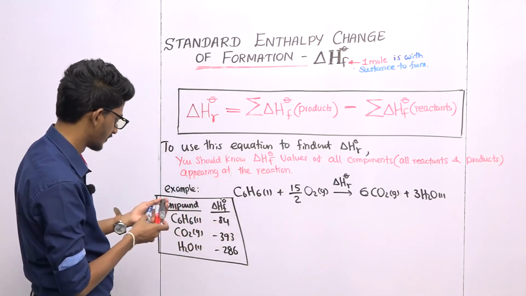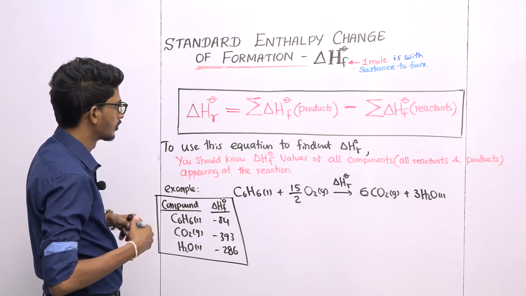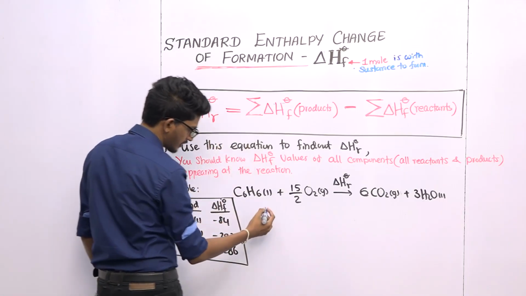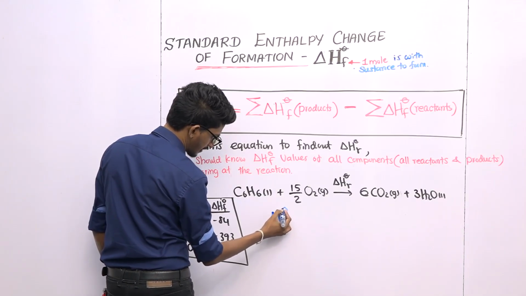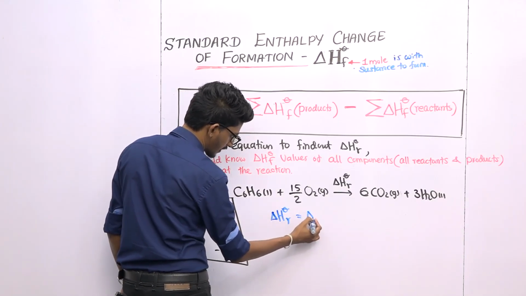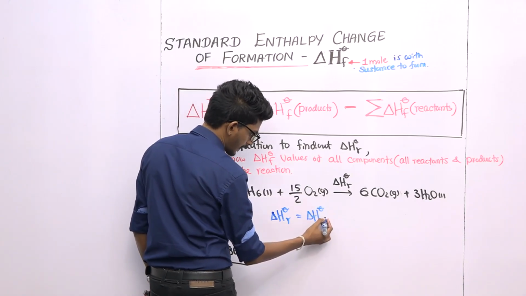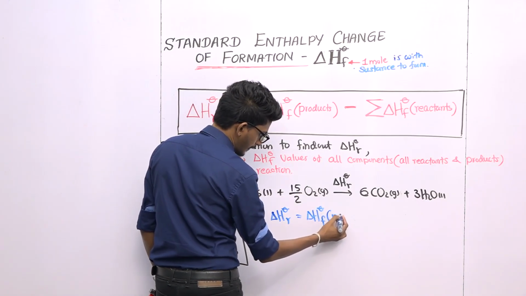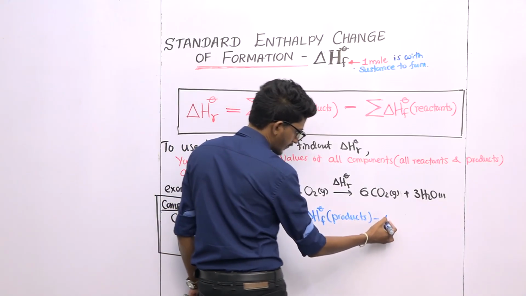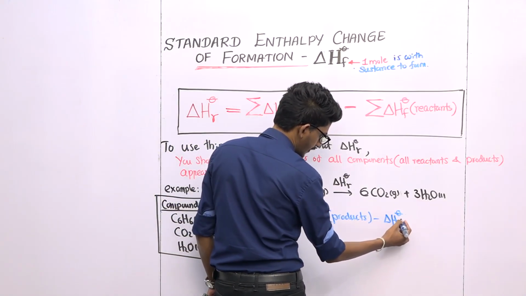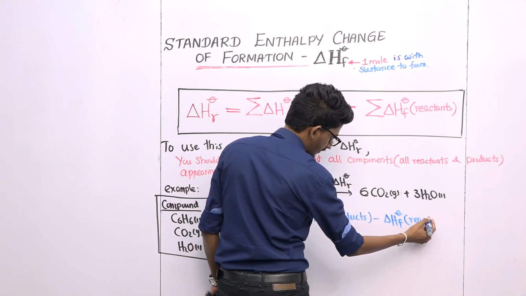So it will be done like this. First write the equation. We can write the relationship: delta H naught R is equal to delta H naught F of products minus delta H naught F of reactants.